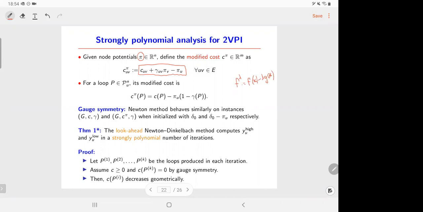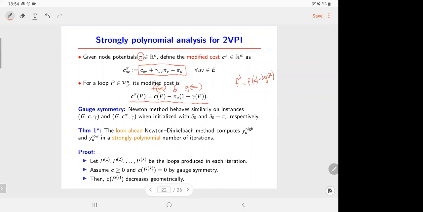And then with this transformation, you can show that the cost of every loop is given by the original cost minus pi u times this thing. So recall that the cost of a loop is f of x in the fractional combinatorial language, and 1 minus gamma is g of x, and this pi of u is just delta.